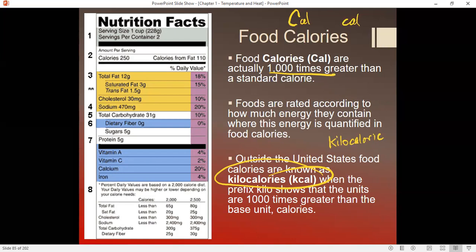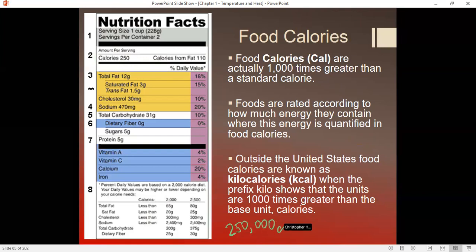All right, let's take a look at this. Here we have a food label, and they tell you 250 calories per serving. Okay? Well, those are food calories, folks. So if we take 250 food calories, that's 250,000 regular calories.